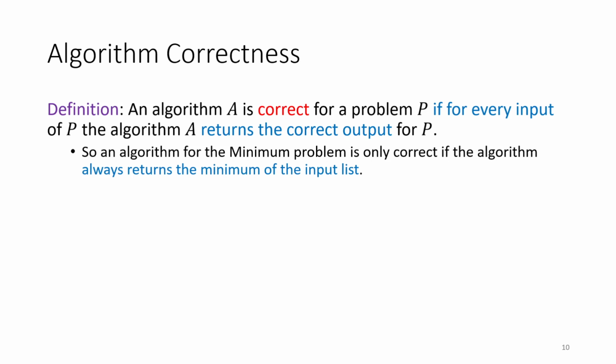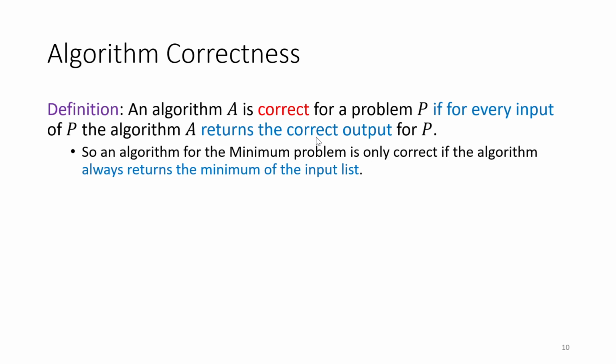We said it was a relationship between an input and an output. Now what we're saying is correctness of an algorithm is also a relationship between an algorithm and a problem, such that that algorithm satisfies that relationship of the problem. That is, it maps the inputs to the correct outputs.